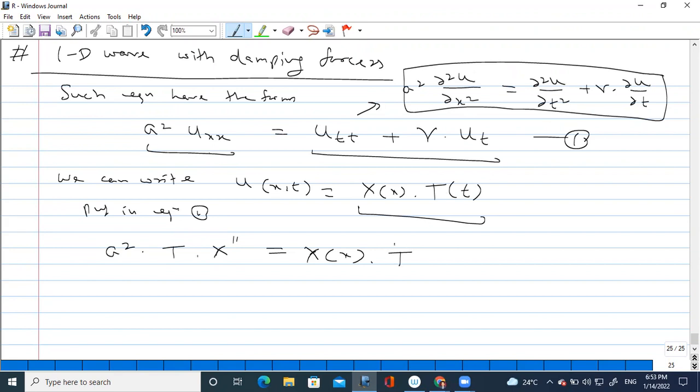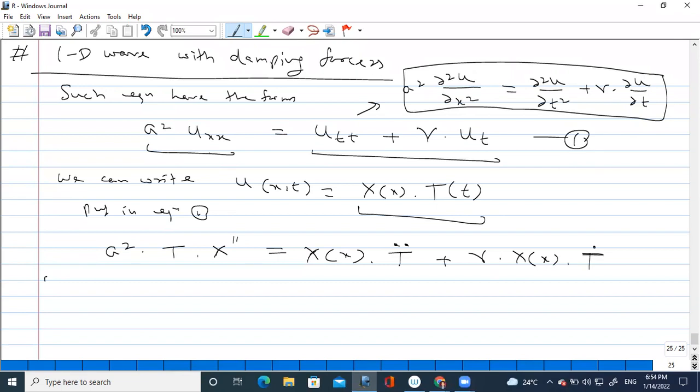So that will be t double dot, not dash, because it is with respect to time, plus gamma into del u by del t. Again x is common, into t dot, single dot.